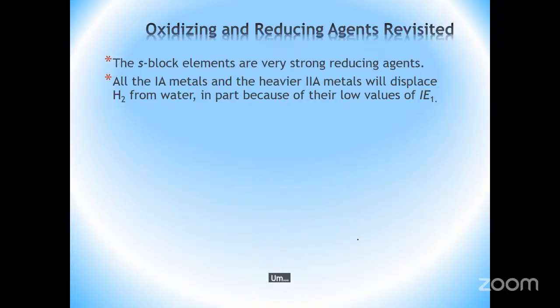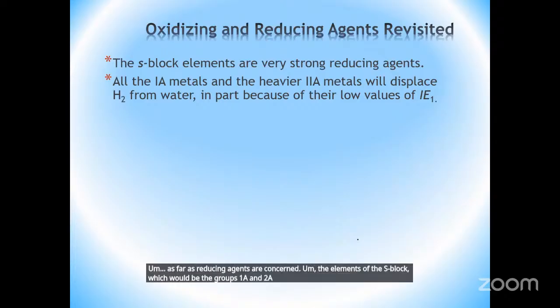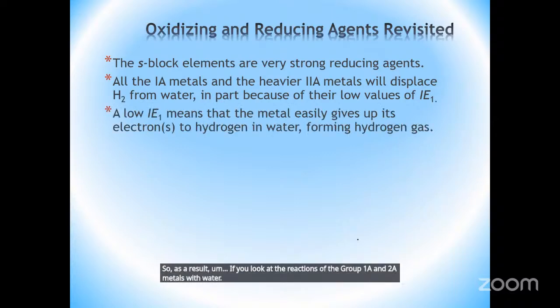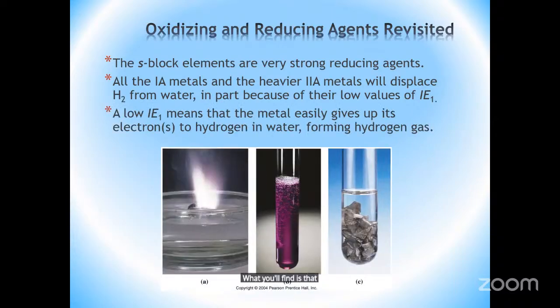As far as reducing agents are concerned, the elements in the S block, which would be the groups 1A and 2A elements, will donate electrons to something which is oxidized. So as a result, if you look at the reactions of the group 1A and 2A metals with water, what you'll find is that they will displace hydrogen from water according to this equation.